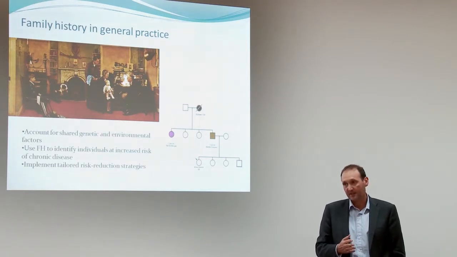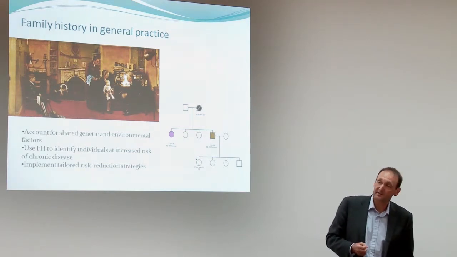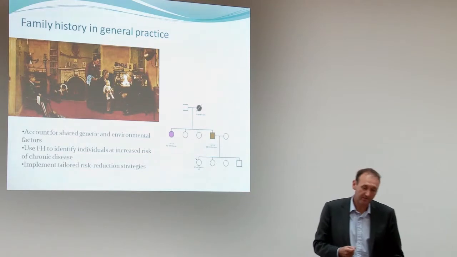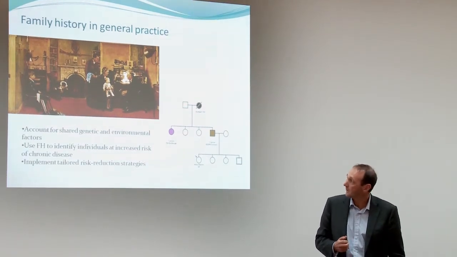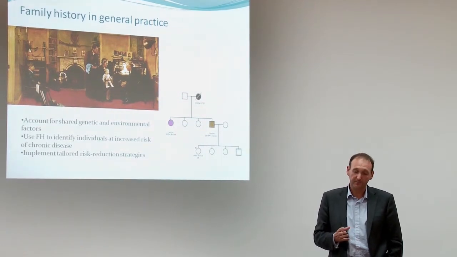Family history as a tool in general practice has a wide range of uses. Historically, we've used it quite a lot as a psychosocial tool, to understand some of people's concerns about the symptoms they're presenting with. But gradually it's being recognised as an important tool for assessing risk of common disease.